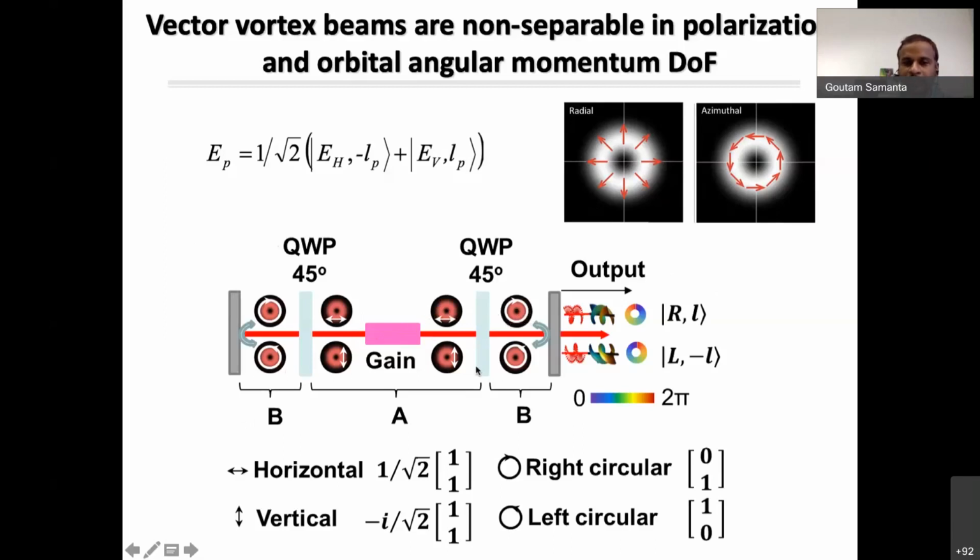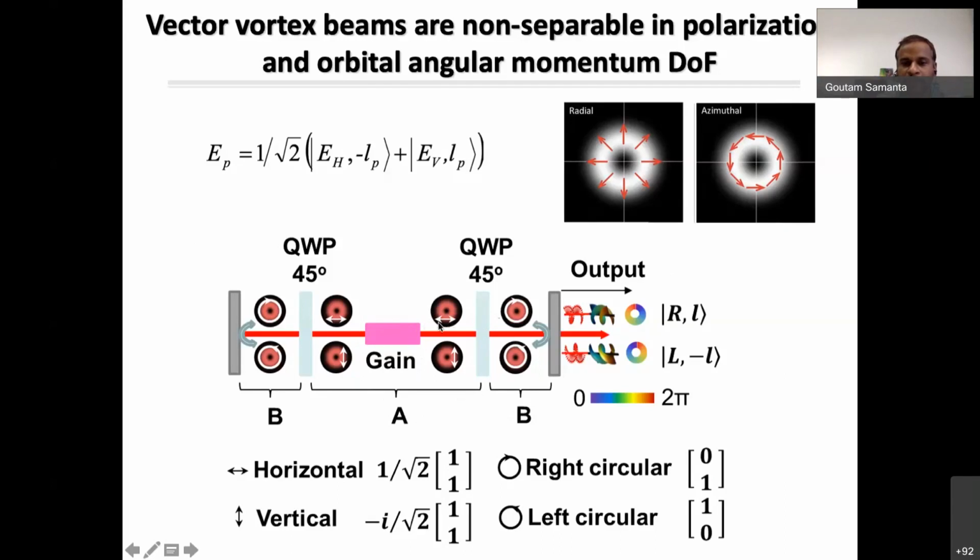This is a pictorial diagram of a cavity with two mirrors, and this cavity is divided into two parts. One is section A, and another section is B. In this B section, we make the modulation in the polarization, but when it comes to the A portion, the polarization will be linear.